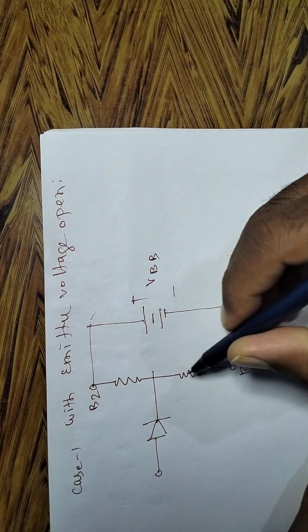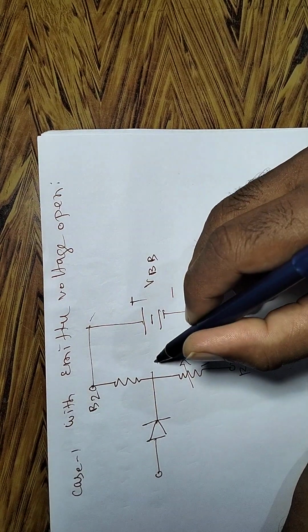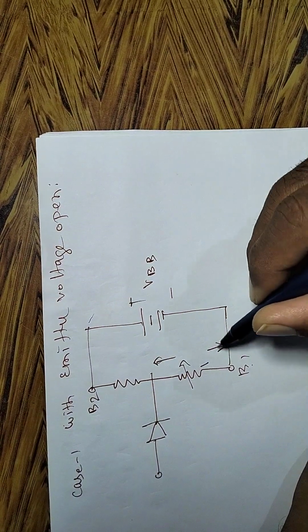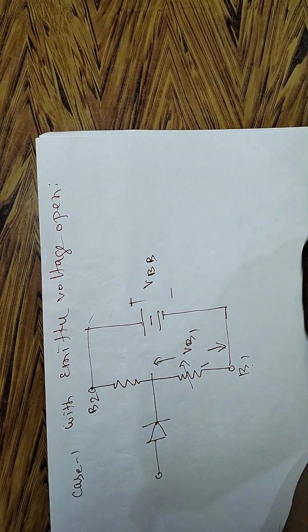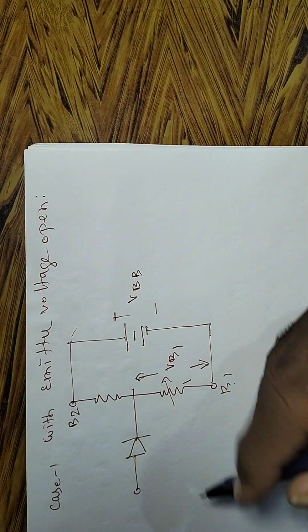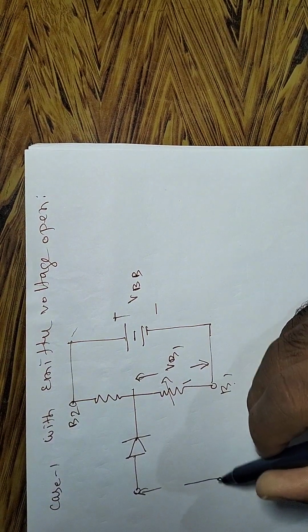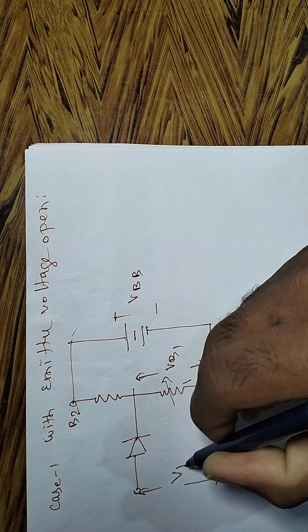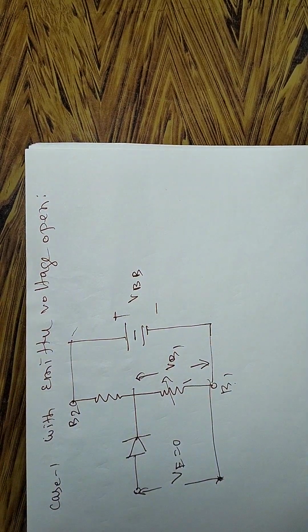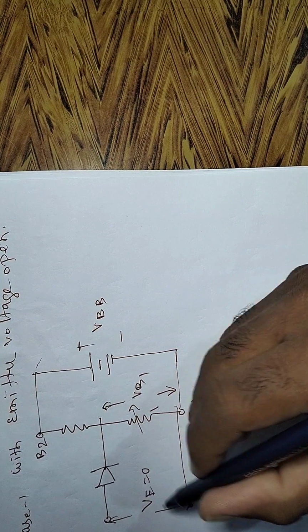Now the drop across the variable resistance is VB1. Here it is an open circuit, VE equal to 0.